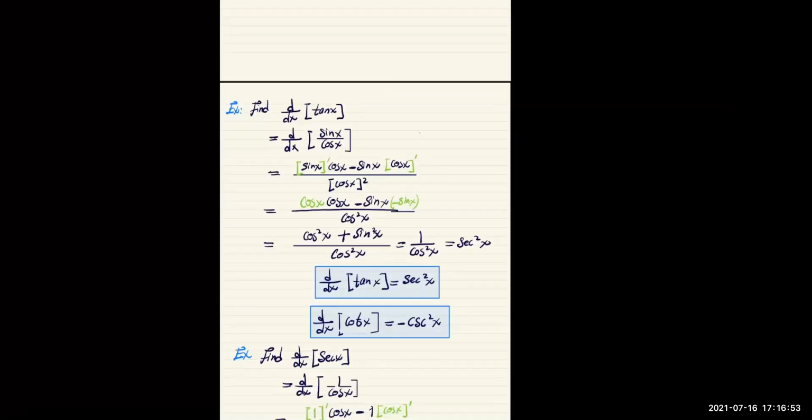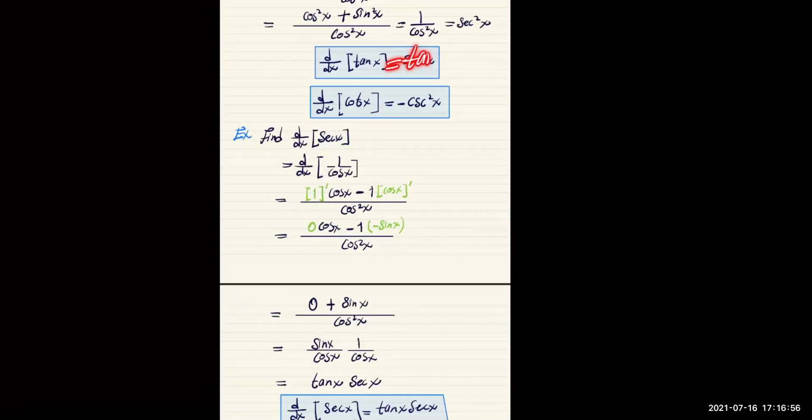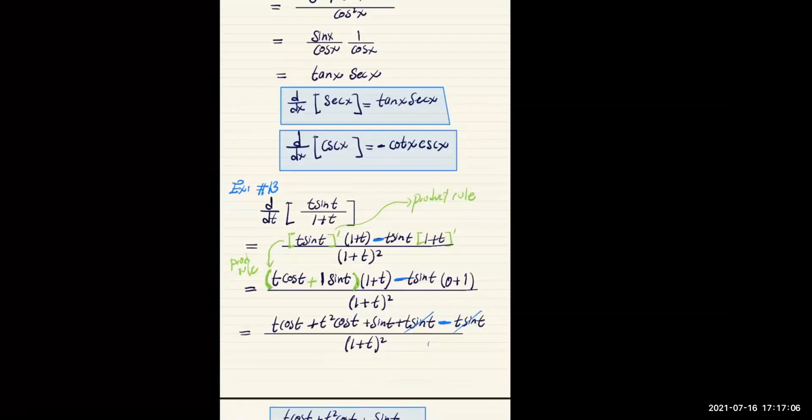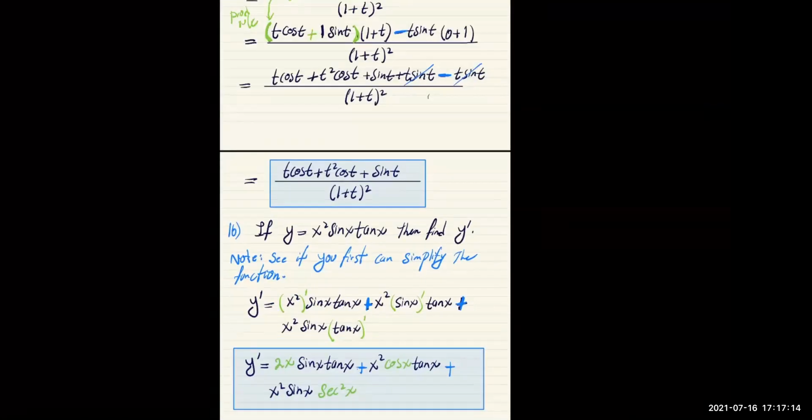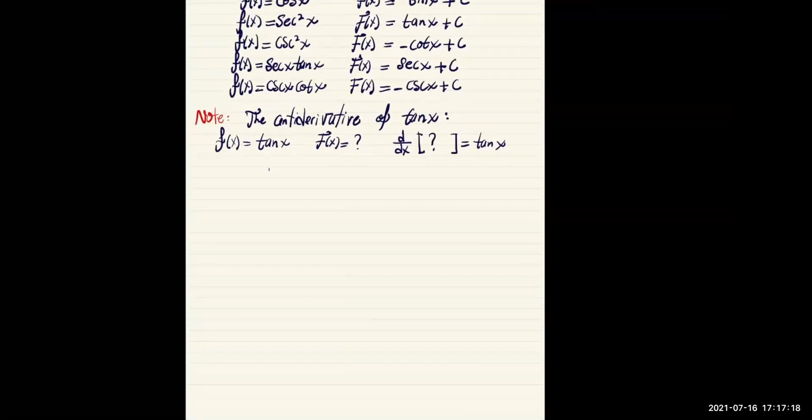I'm looking for a derivative that gives me tangent x. None of these derivatives are equal to tangent x. This comes closest, but this is tan secant. This is cotangent. So we can't really think of such a function at this point.